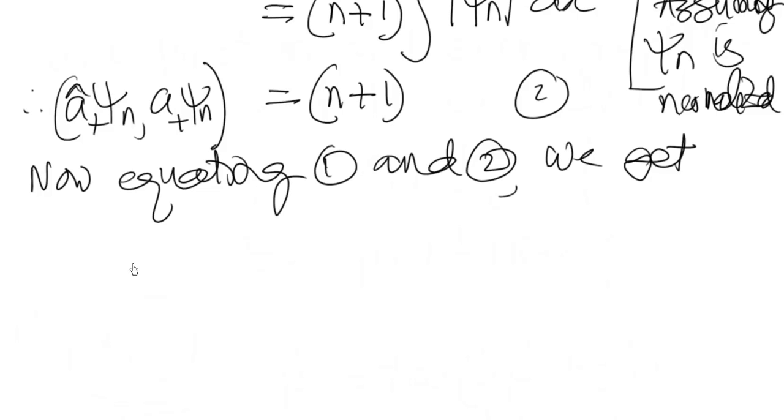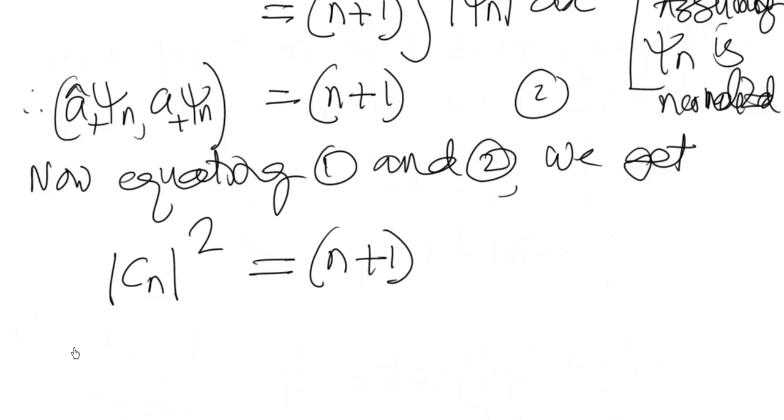So equating 1 and 2, we get Cn modulus square is equal to n plus 1. But you see n plus 1, n is a real number, integer, so Cn is real, therefore Cn is square root of n plus 1.